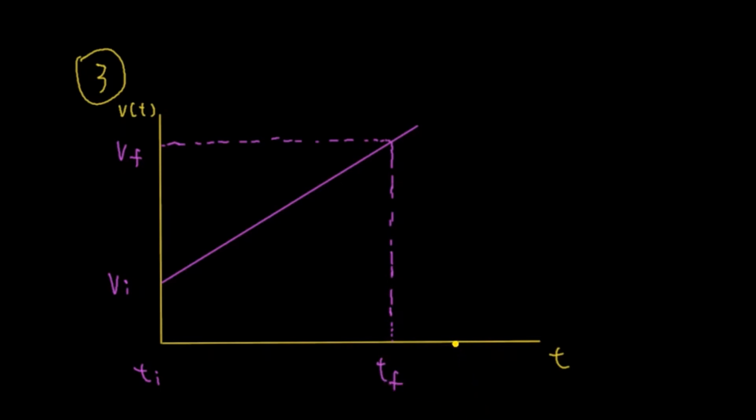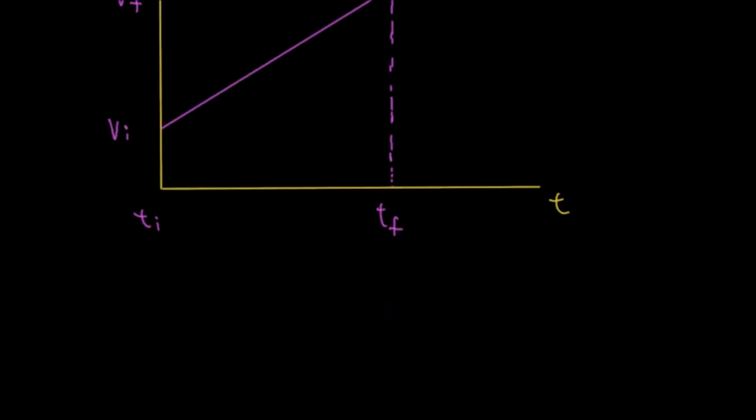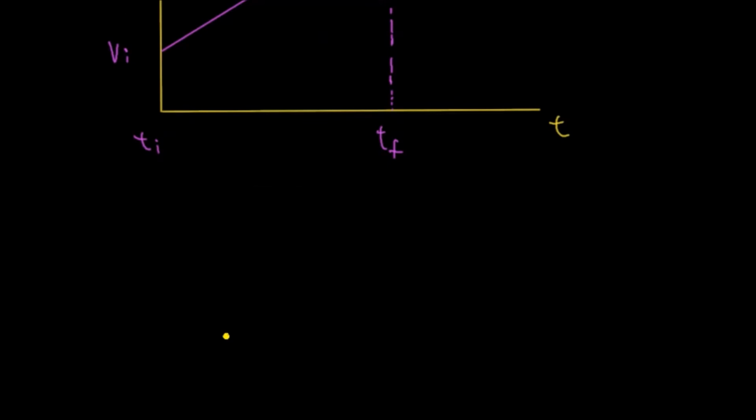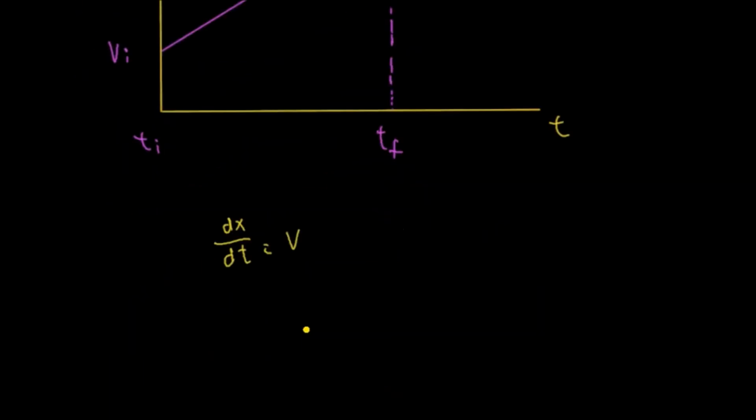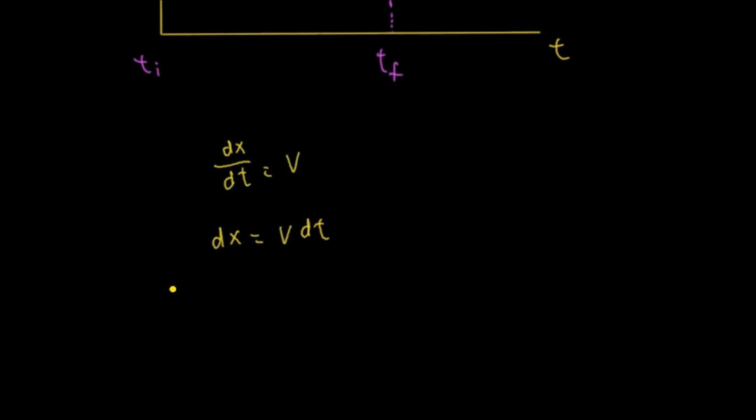Okay, so again, change in position over change in time is velocity, right? So if I want to find position, I have to integrate velocity. So multiply both sides by dt, I have v dt. I have to integrate dx to get x, the position. I also have to integrate velocity.